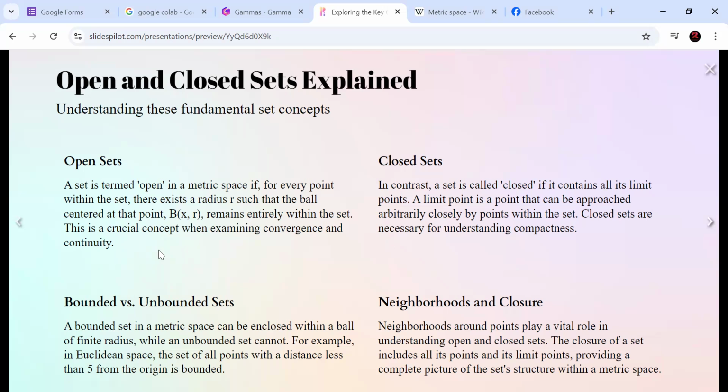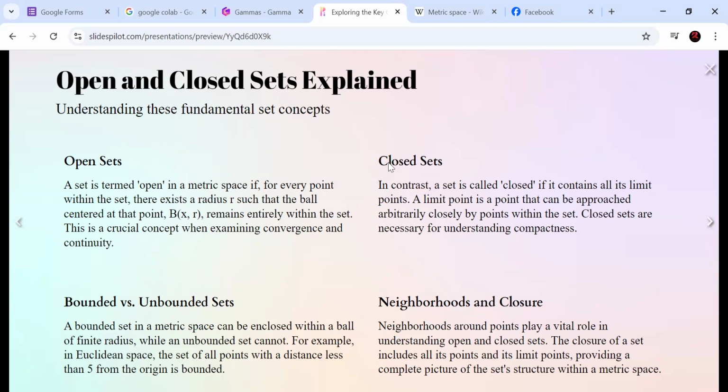Let's suppose उस बाल के अंदर जो भी पॉइंट होगा, उस बाल के अंदर तमाम के तमाम एलिमेंट्स कन्वर्जेंस एंड कंटिन्यूटी होंगे.